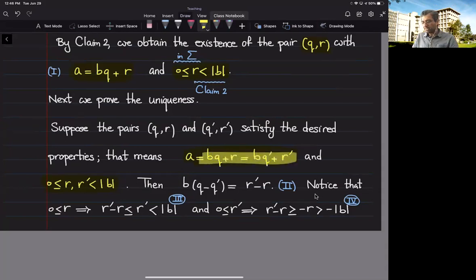So from this equality, we deduce that B times, and then I factor out this common factor B, times Q minus Q prime is R prime minus R.